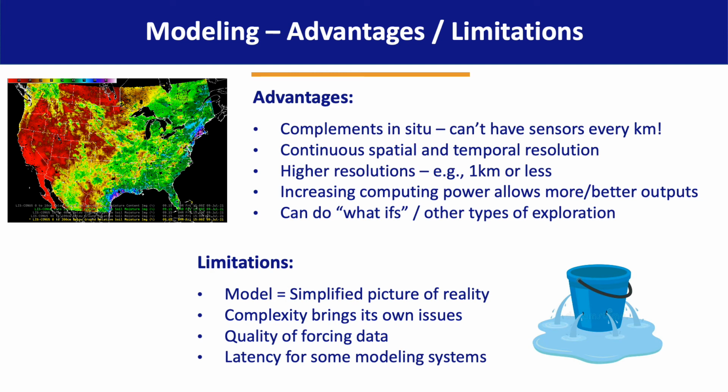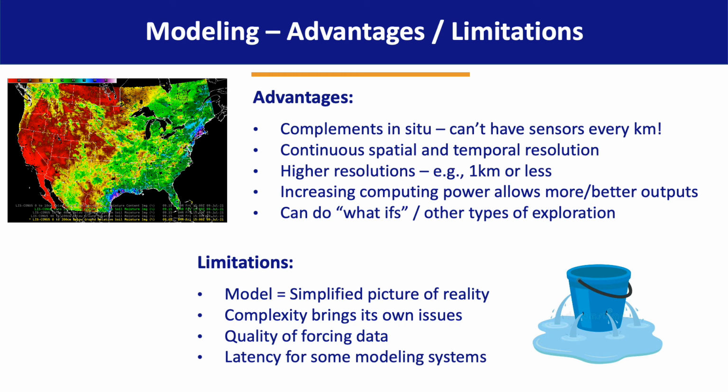At the same time, there are some limitations to modeling. The most basic being that a model is just a simplified version of reality. So there you go on the right, you can see our leaky bucket providing our hydrologic cycle. Of course, modelers are making their models more comprehensive and more complex over time, but complexity brings its own issues in terms of the kinds of bias and error correction that's needed.